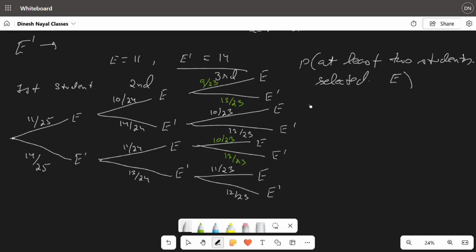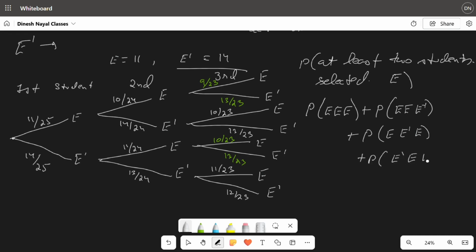So this is the probability of triple E, because at least 2 means all 3, plus the probability of 2 from extracurricular activities and 1 is not, plus the probability of one from extracurricular activities, the other one is not, and a third one is there, and the first one is not there but the other 2 are there.